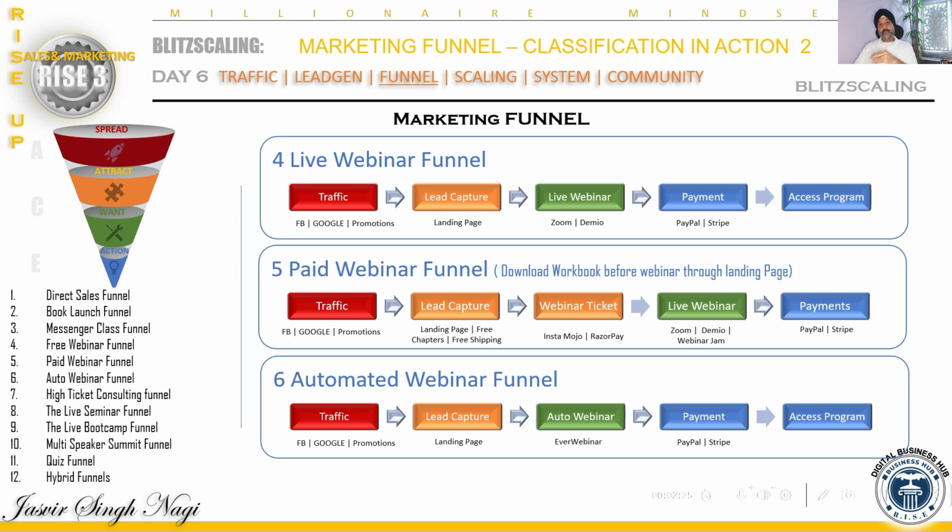What happens when this is a paid webinar? In the paid webinar, through your ad you would have said, pay us X amount of dollars, X amount of rupees, and the traffic would have gone to a lead capture zone, for example a landing page, where you're giving them free chapters, free shipping, or some lead magnet of sorts for them to buy your webinar ticket, right? So you do that.